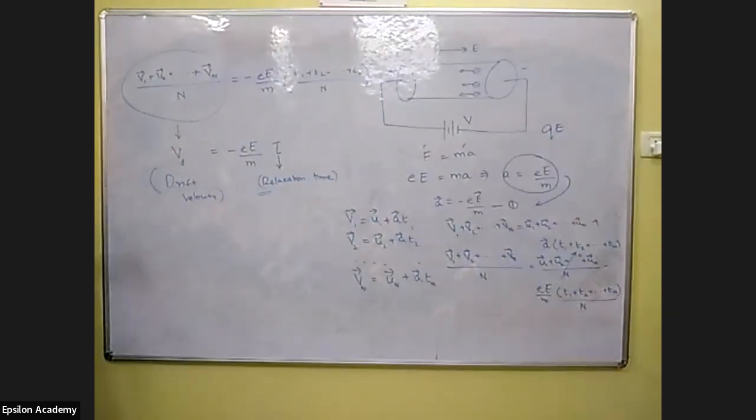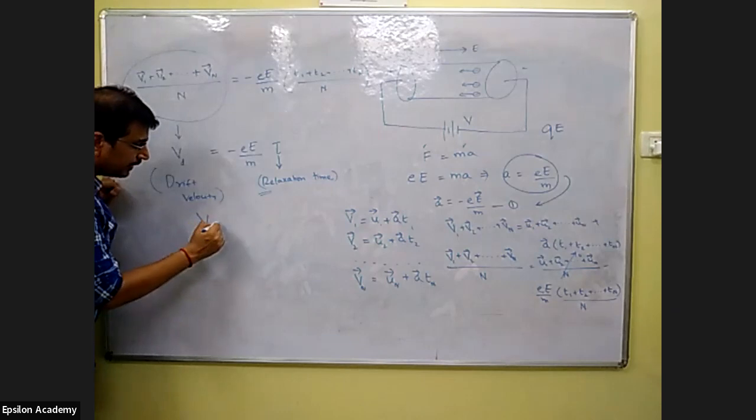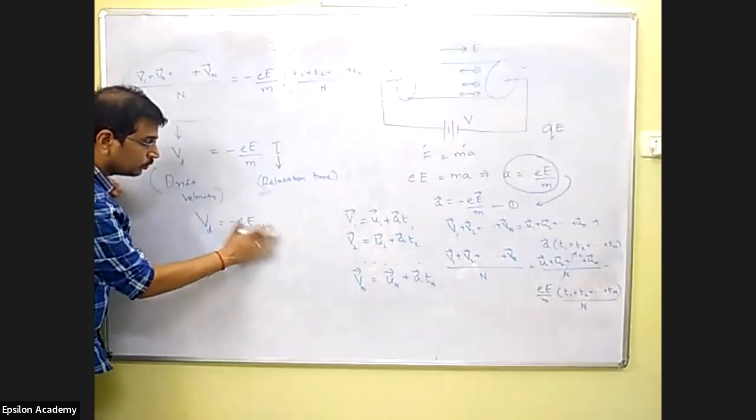Okay. Right. So Vd will be equal to minus e into E divided by m into tau.